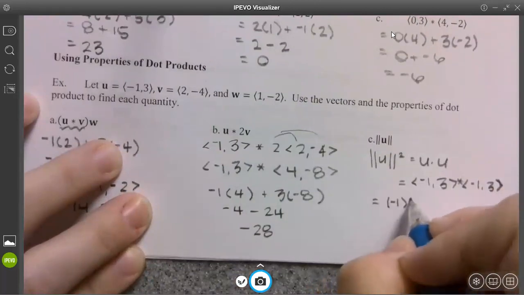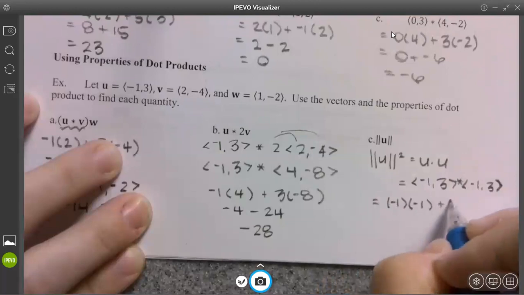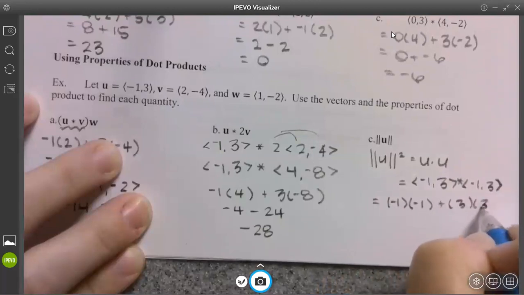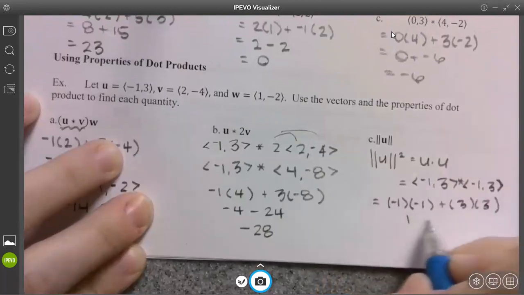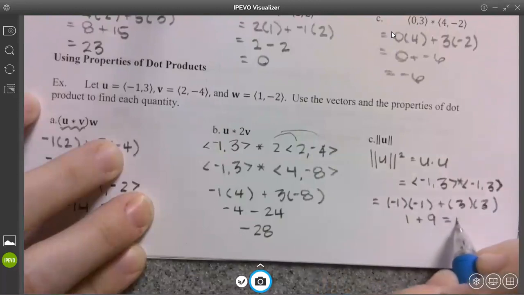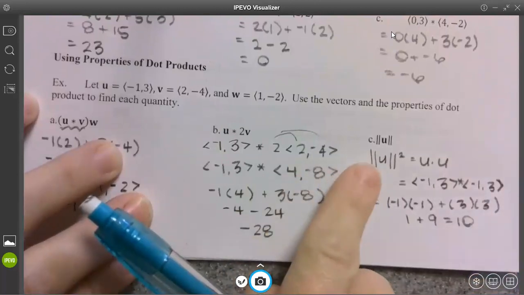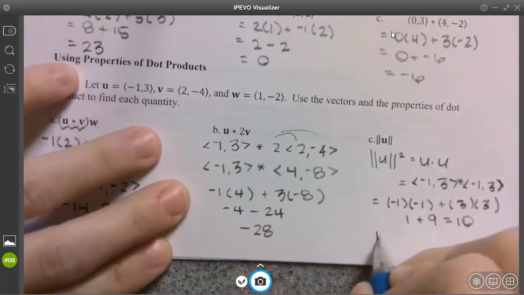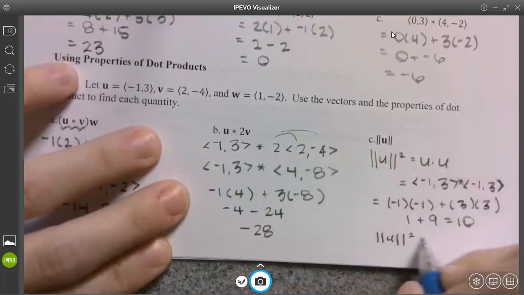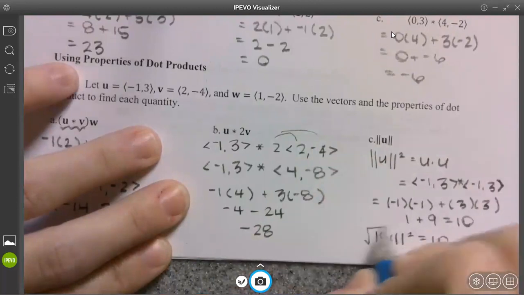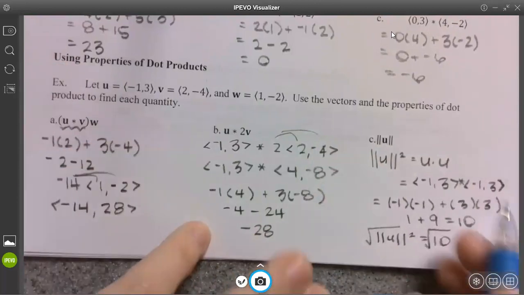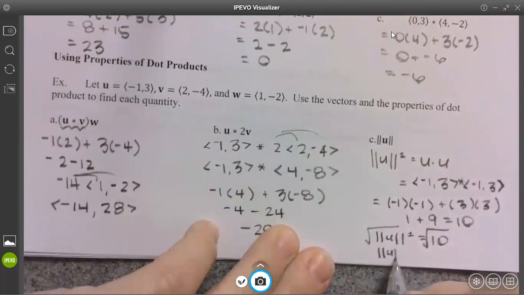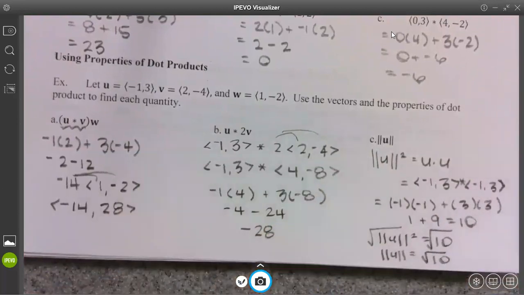So we get negative 1 times negative 1 plus 3 times 3, which gives us 10. But that is the magnitude squared. So to get rid of that square, we're going to take the square root. So the magnitude is the square root of 10.